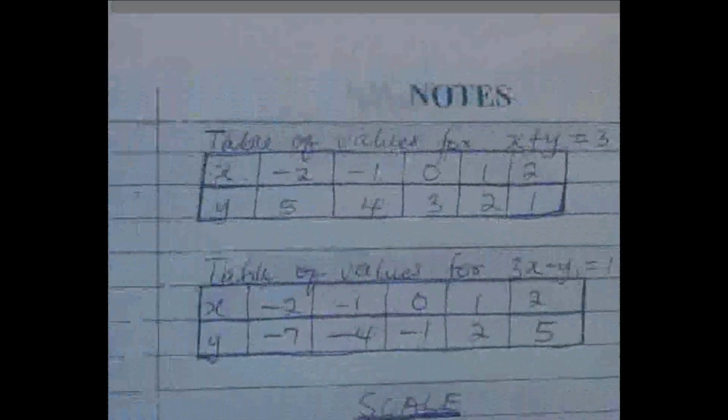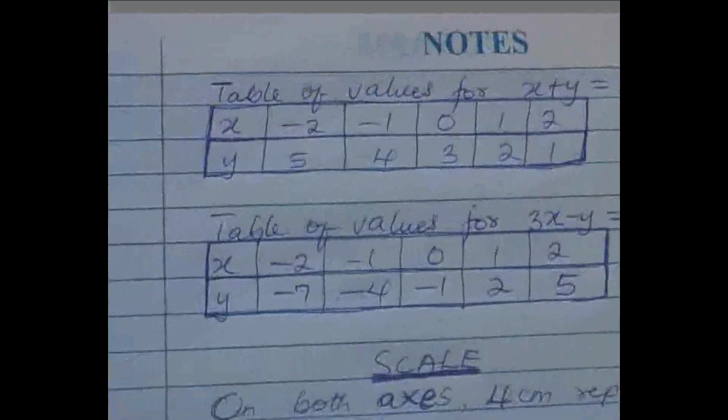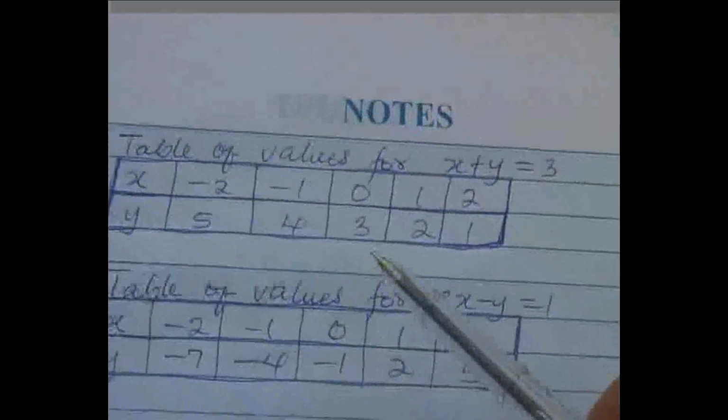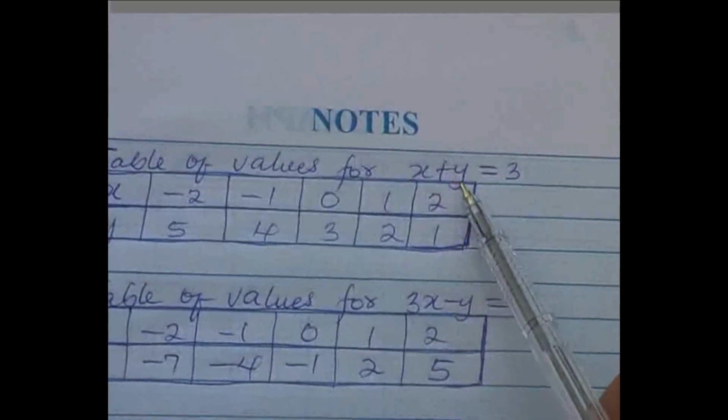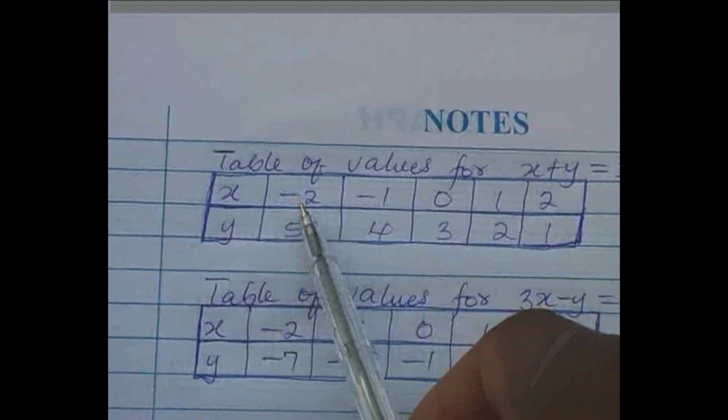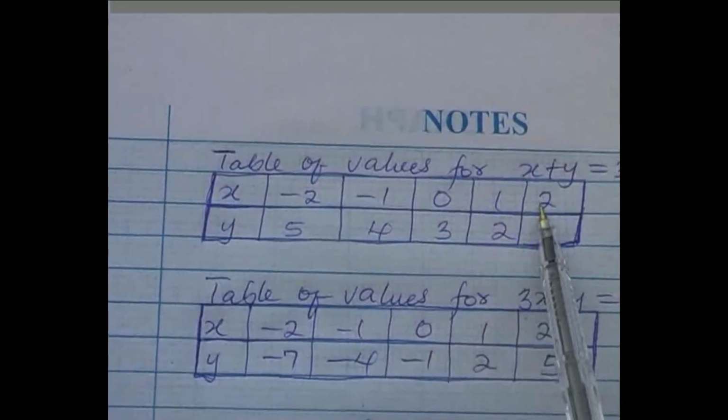The way you calibrate your graph paper depends on the values you have on your table of values. Look at the first table of values, the one for X plus Y is equal to 3. The values of X you have are -2, -1, 0, 1, 2. And you know that in your graph paper, this horizontal axis is the X axis.